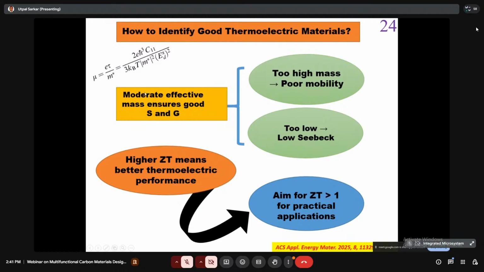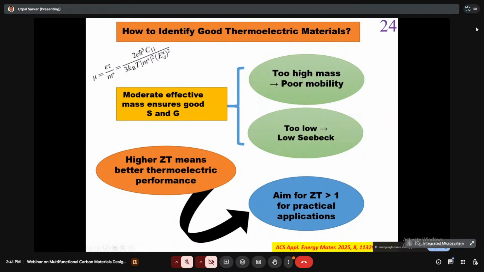So for a moderate, this is the expression for the mobility of the system, and a moderate effective mass ensures that if you have a system whose effective mass is moderate, then S and G are good for this thermoelectric material.